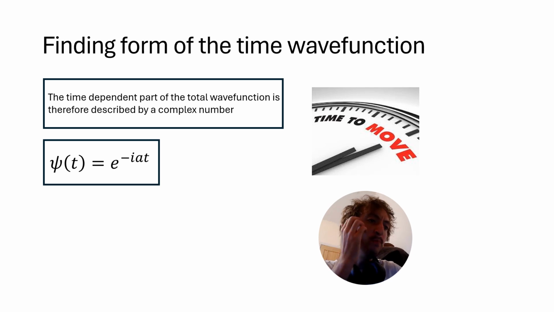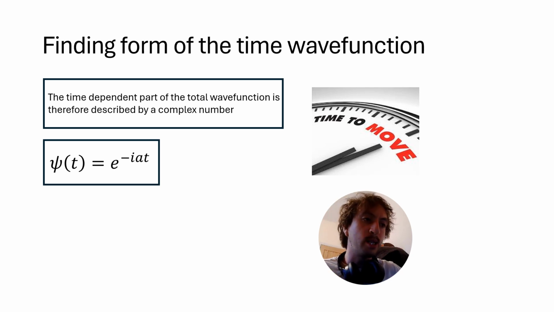A unit complex number has the form e to the i theta, if it's a function of theta. But essentially because of not wanting lots of minus signs to appear later, such as when we get to Schrödinger's equation, it actually turns out we write the unit complex number in the form e to the minus i theta.